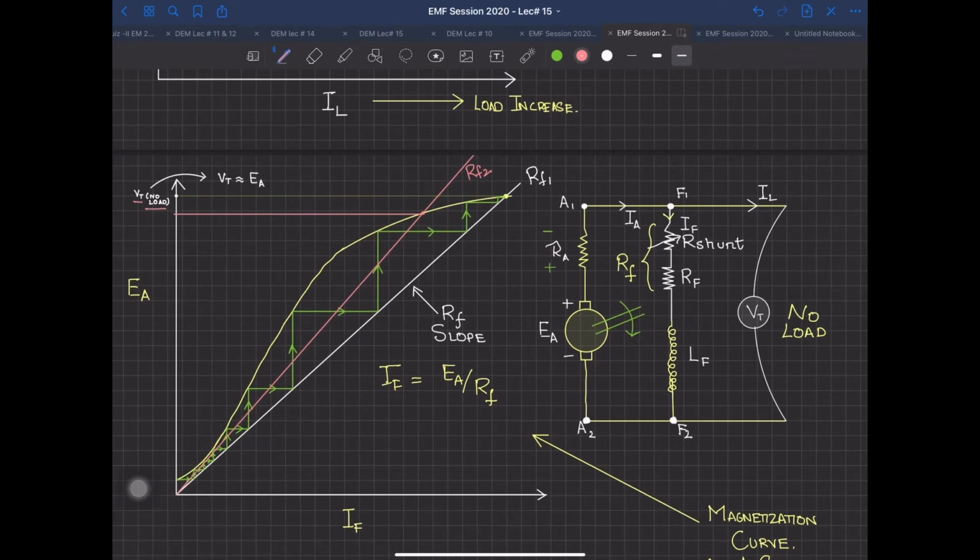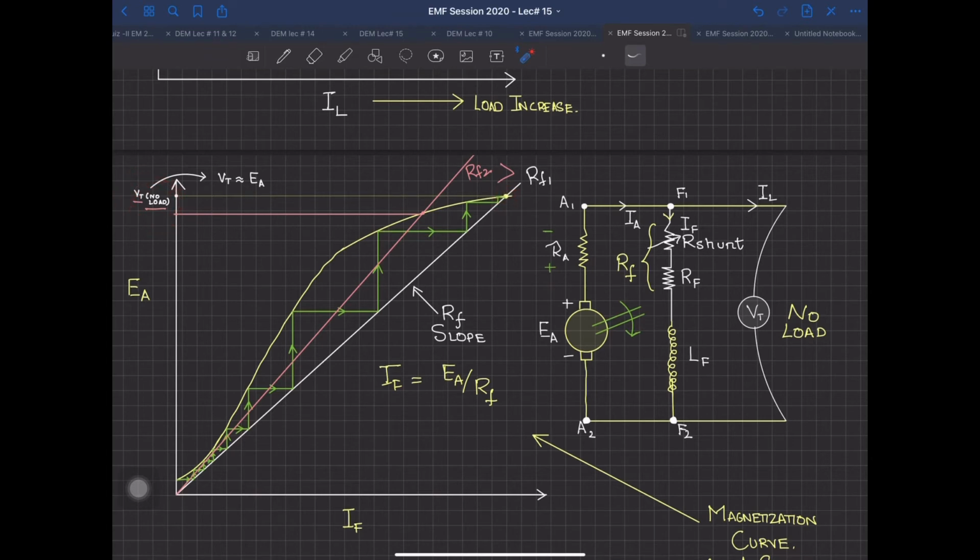So certainly resistance RF2 is larger than RF1, which means lower current in the RF2 case and higher current in the RF1 case, which certainly means more flux. More flux means that you are going to get more EMF. So you have just found out that you have this point as the maximum point.